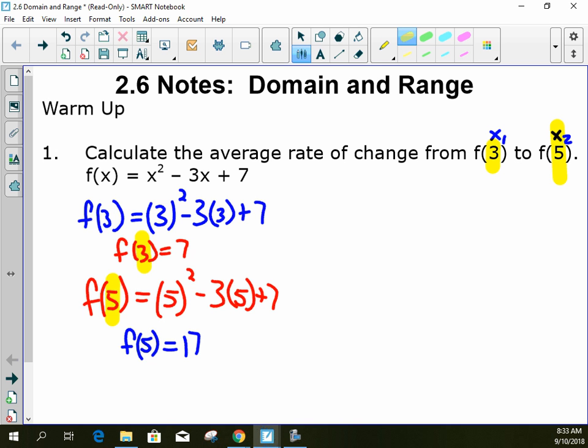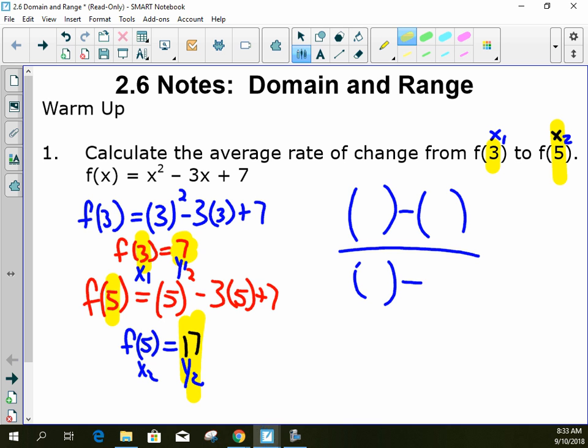So then this is what? This is my y1. And this is my y2. So then I put in here y2 minus y1 over x2 minus x1. Please take the time to do this step.